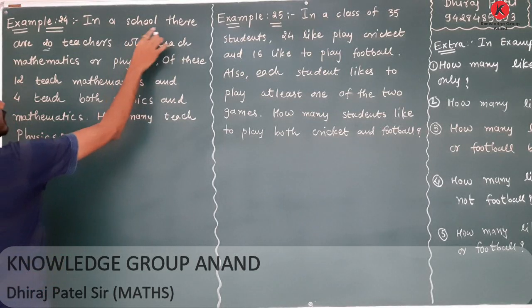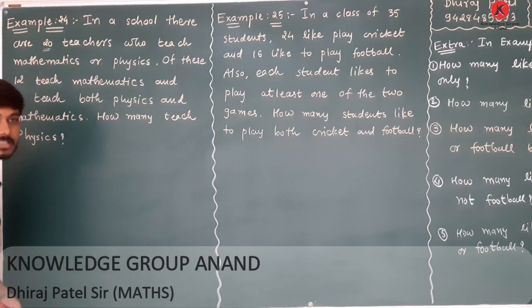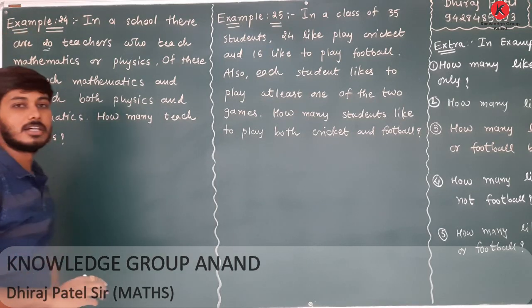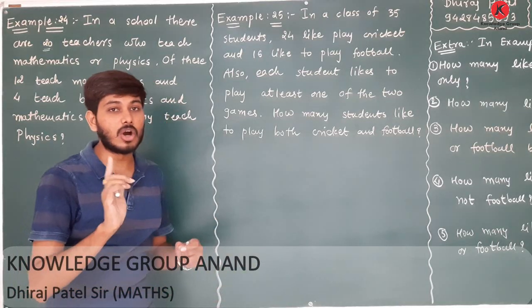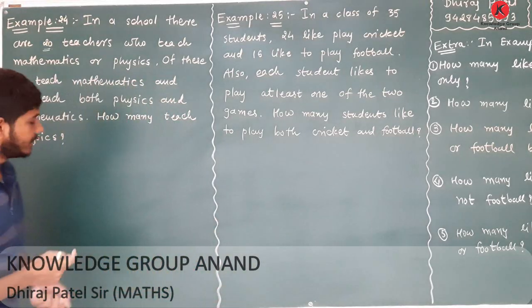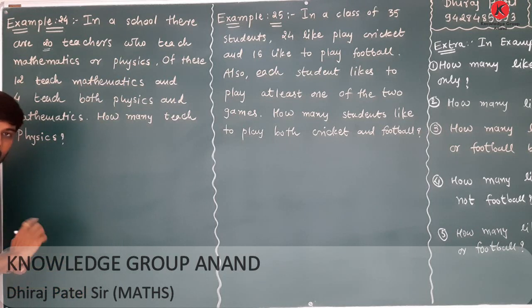Here it is given that 20 teachers teach mathematics or physics. That means this 20 represents mathematics or physics, that is, the union. Okay, clear?